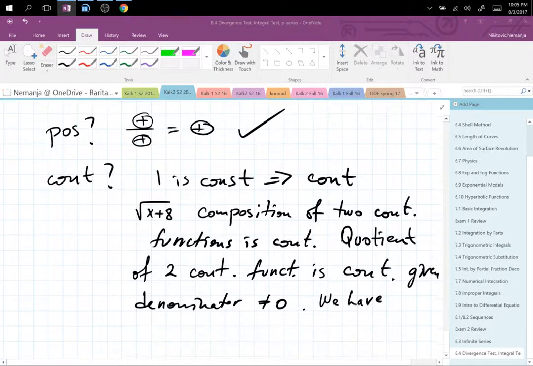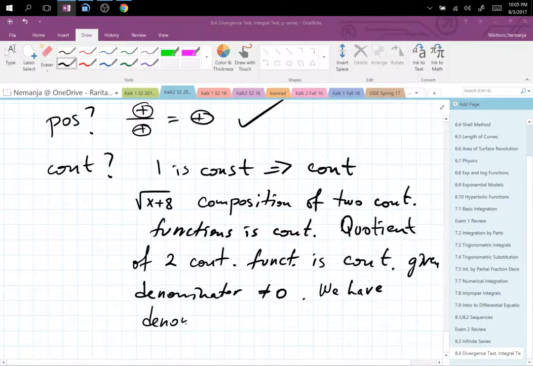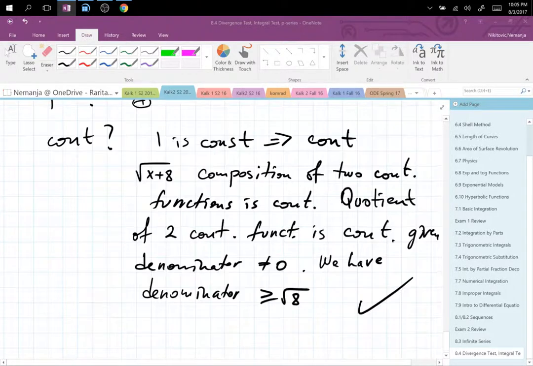We have denominator always bigger than root 8, so can't be 0. Therefore, continuity, done. And the last one is decreasing.